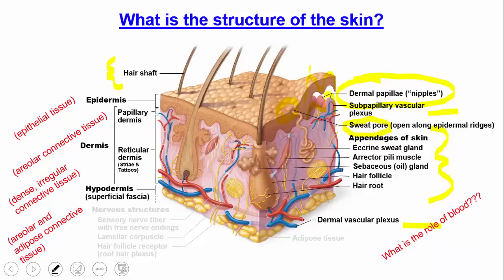Okay, so what is the role of blood within the integumentary system? There's sort of two roles that I would think of. The first role is obviously to deliver nutrients to the skin. Keep in mind, the top layer of the skin is dead. But it delivers nutrients, cells of the immune system, things of that nature. But the second thing really is something we alluded to before, and that's temperature regulation.